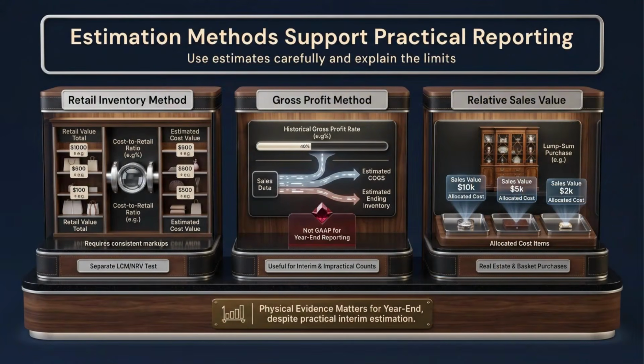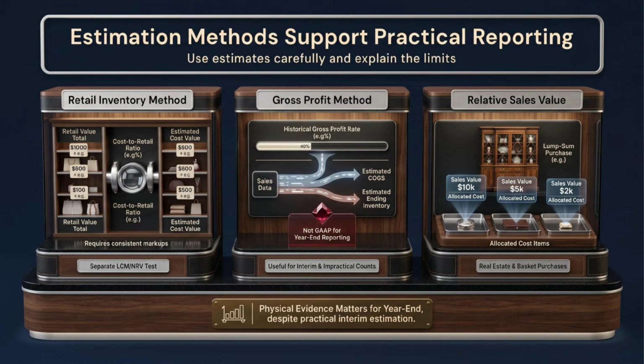Estimation methods support practical reporting, but they have limits. The retail inventory method converts ending inventory at retail value back to estimated cost using a cost to retail ratio. It is useful for retailers, but it needs consistent markup tracking and separate valuation analysis. The gross profit method uses a historical gross profit rate to estimate cost of goods sold and ending inventory.